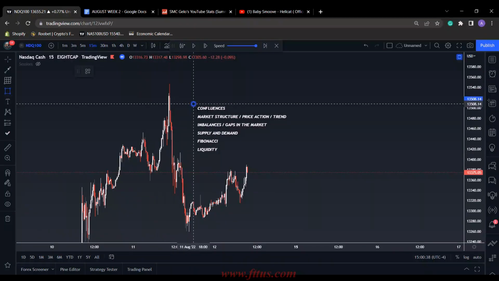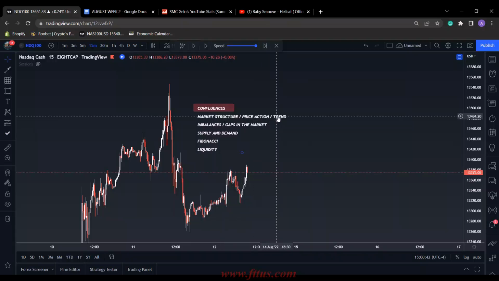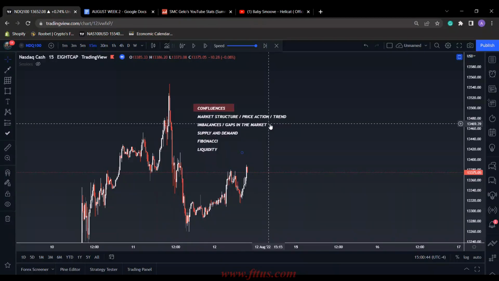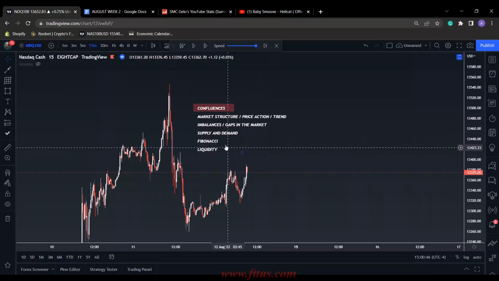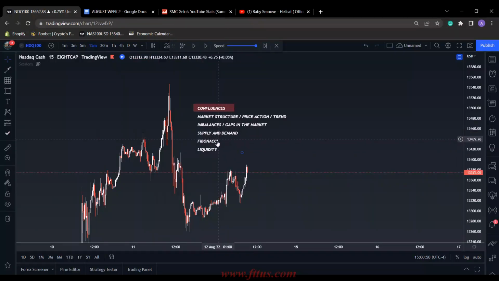So here you go, confluences. We had market structure and price action and trend. We had imbalances and gaps in the market. We had our supply and demand zones. We had our Fibonacci, and we had our liquidity.